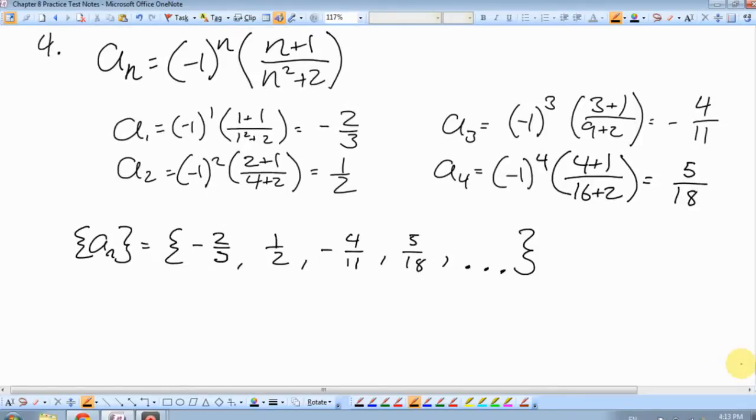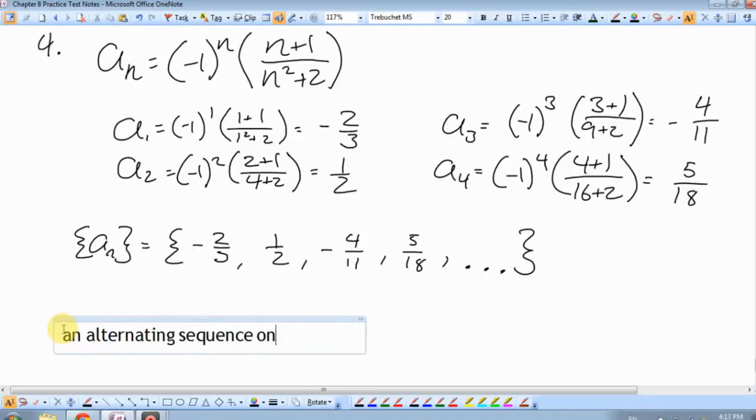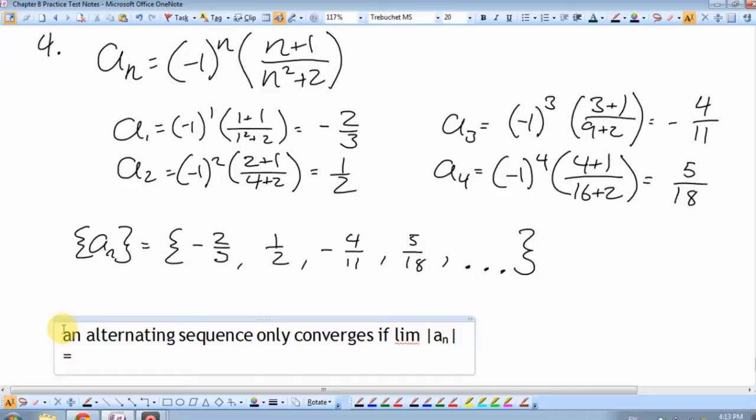Okay, this is where we start going into, do you remember that theorem? No, wait, it's the one that says an alternating sequence only converges if the limit as n goes to infinity of the absolute value of a_n equals 0.